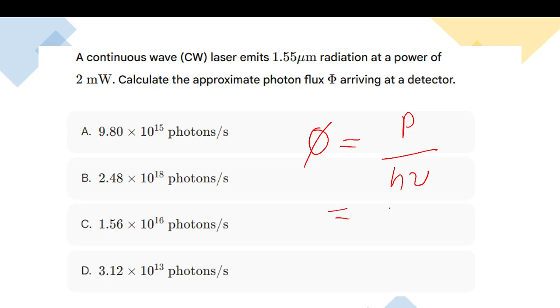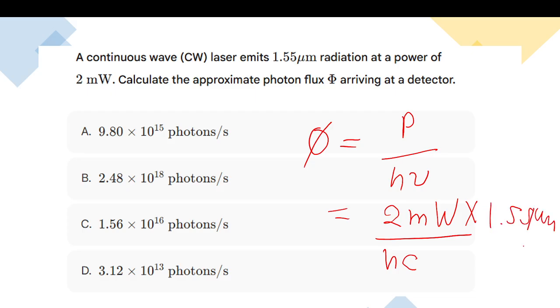If we give the power, 2 milliwatt, the Planck constant h, and nu can be multiplied here, 1.55 micrometer, then if you keep hc, it can be calculated.